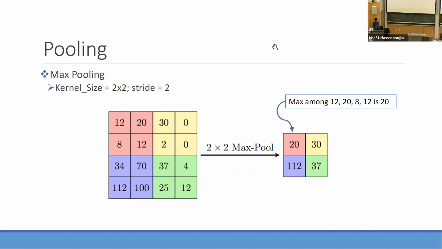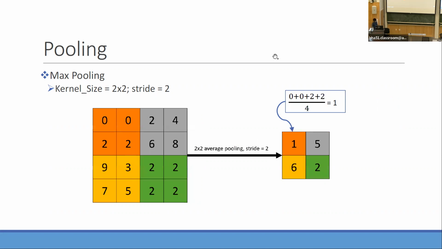Moving on to the next type, this is actually mean pooling, sorry for the typo. Mean pooling is done with the same stride. The only variation is that you average all the elements instead of taking the maximum element. So that's how pooling is done.